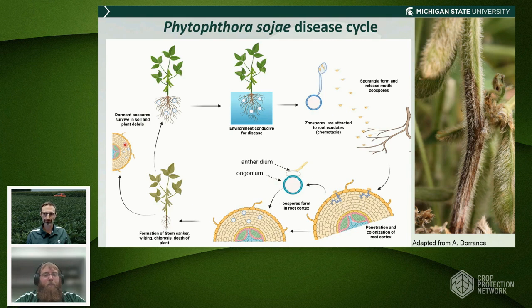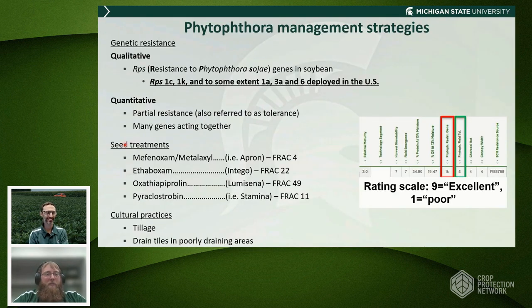We have a few different management practices that we can do to try and limit the disease pressure and incidence in the field. We have genetic resistance in two forms. We have qualitative resistance. These are those RPS genes that protect the plant from any infection and disease if they're effective.